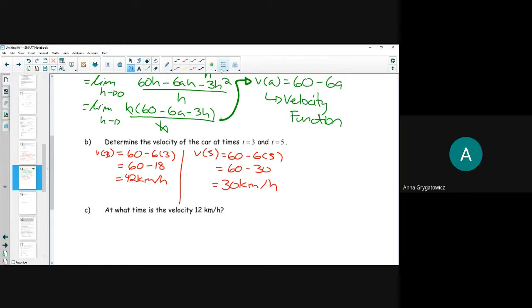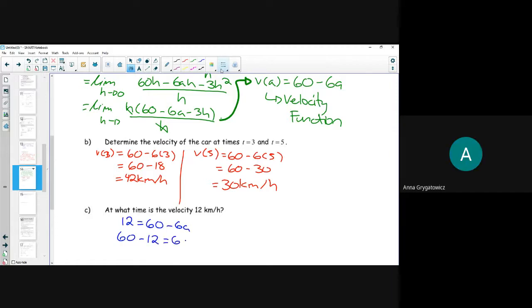So basically I arranged my equation as 12 equals 60 minus 6a. And then I brought the 60 over to the other side, so it's 12 minus 60. Okay.